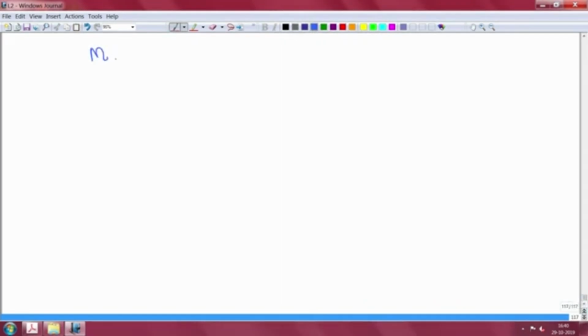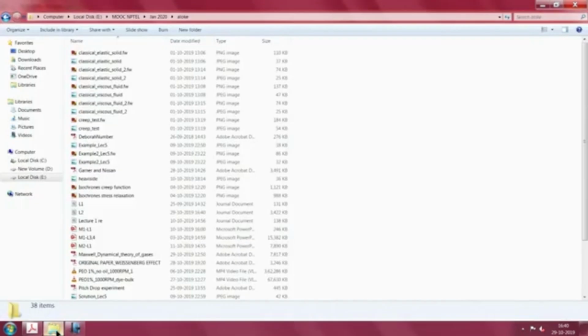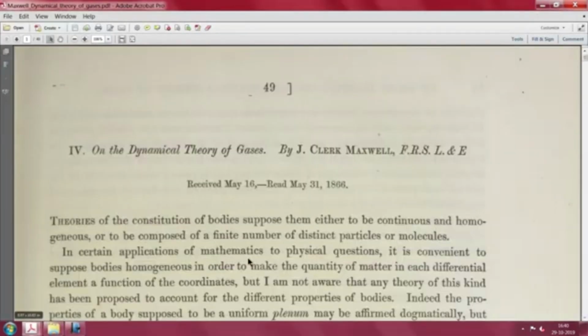What we will do is put them in series. But before we go here, as we have been doing frequently in this course, whenever we introduce an interesting and important topic, we try to see if we can go back and look at the original works where this was represented.